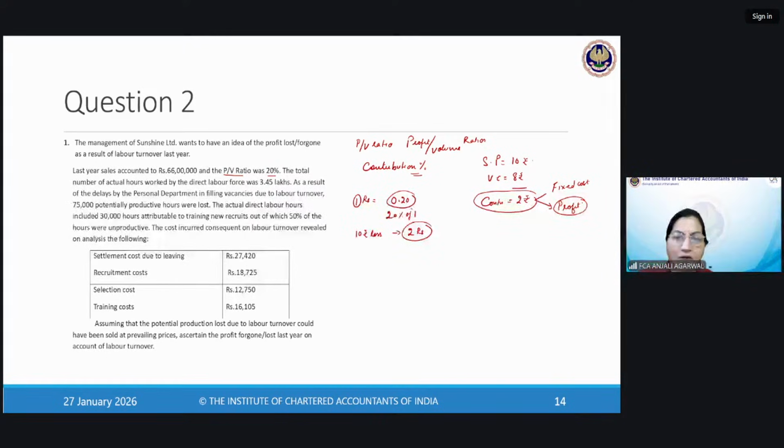So even if I'm not able to recover my fixed cost fully, I am in losses. Still, with every 1 rupee sale, my loss will increase by 0.20 or my profit will decrease by 20 paisa. So PV ratio or contribution percentage is 20%. Okay.